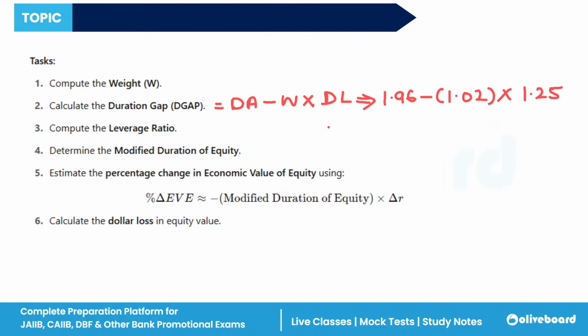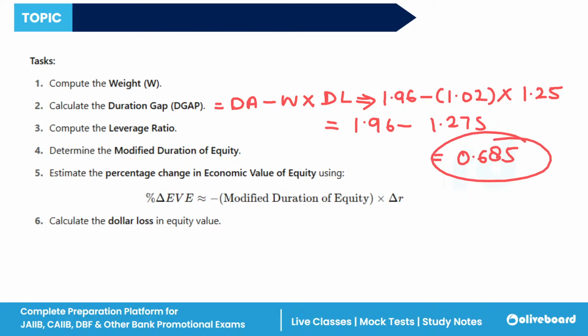So it is equal to 1.96 minus 1.275, which is equal to 0.685. So this is the answer.